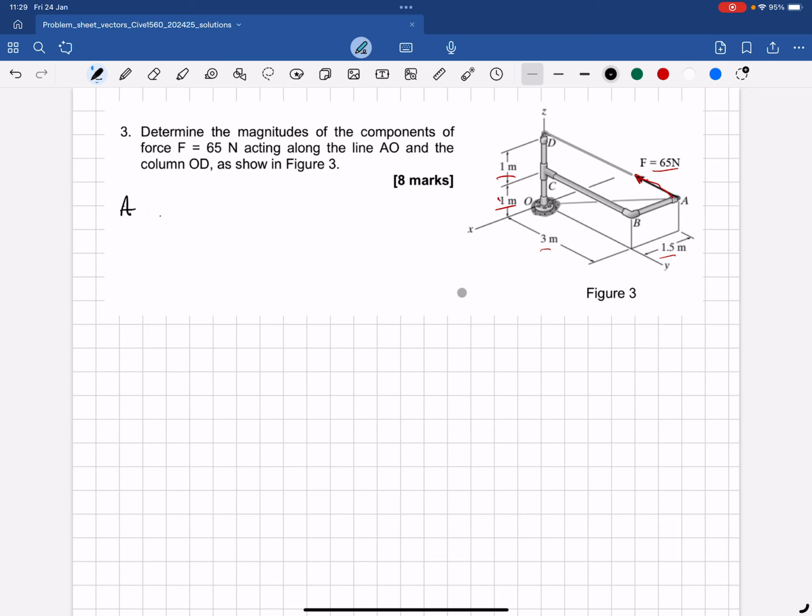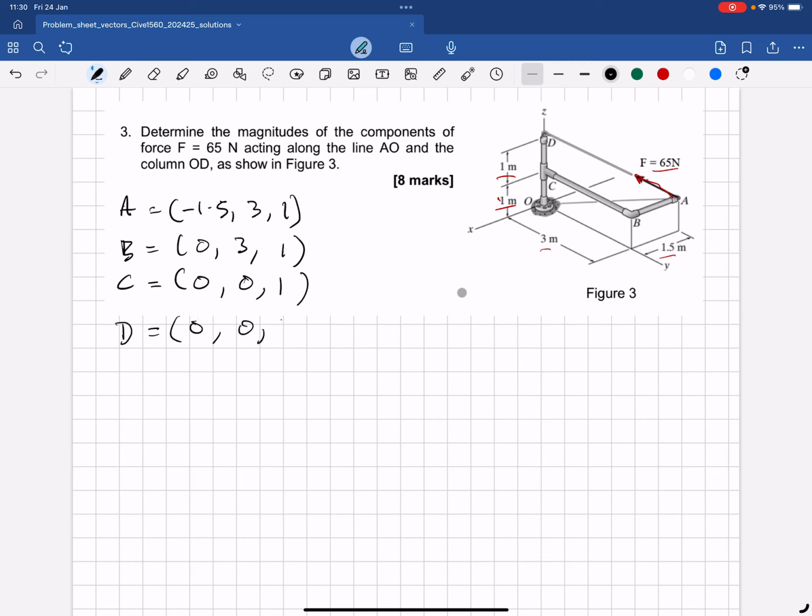Now A is equal to minus 1.5, 3, 1, B is equal to 0, 3, 1, C is 0, 0, 1, it's just up the vertical, and D is further up the vertical, 0, 0, 2.